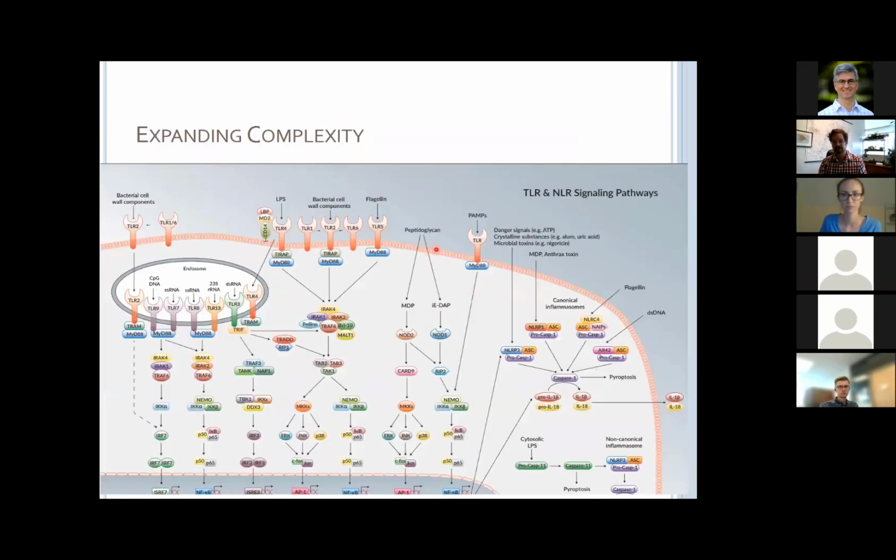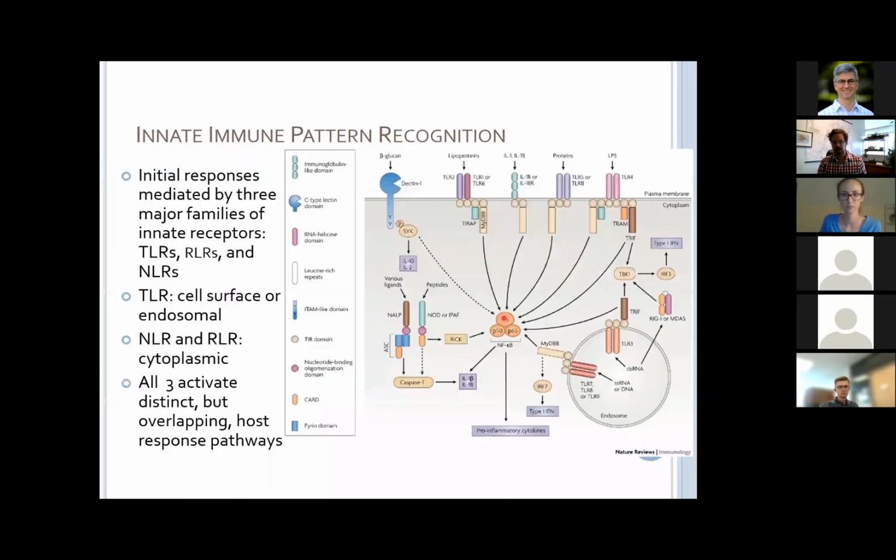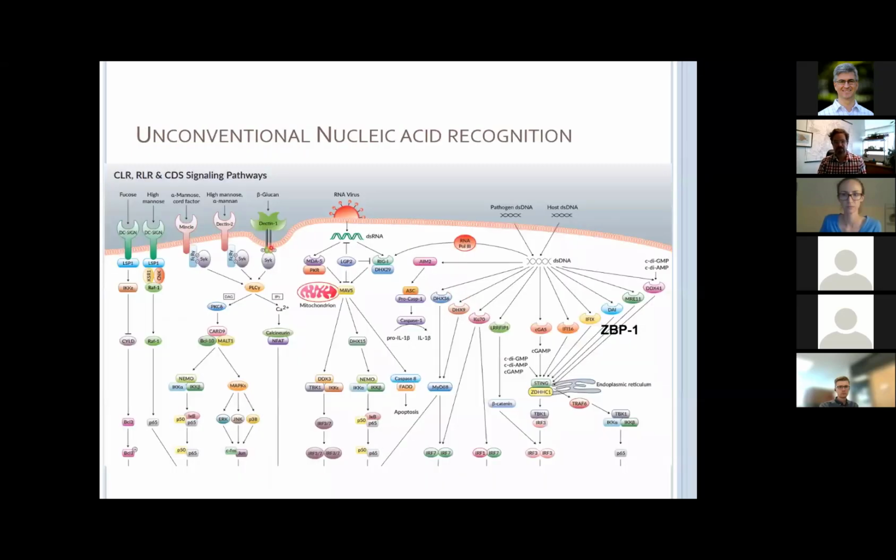So for influenza, since I know we have some influenza people on here, TLR7 plays a big role because influenza is a single-stranded RNA virus. NLRP3 can play a role, and some of the RIG-I-like receptors can play a role. RIG-I itself can actually recognize influenza.